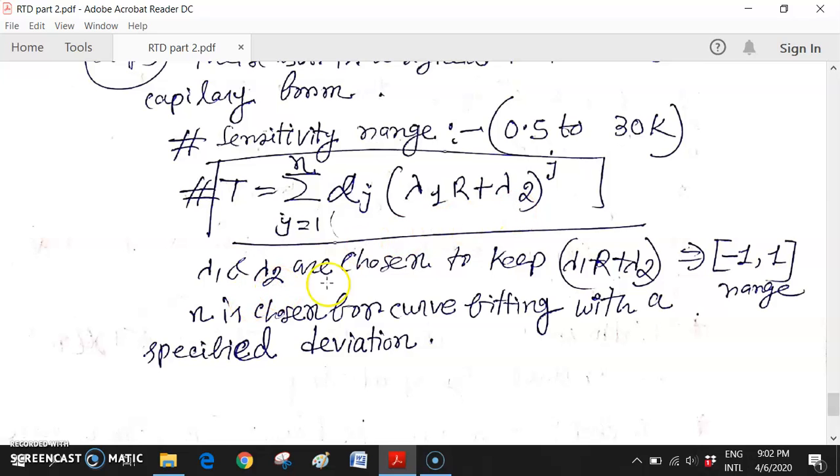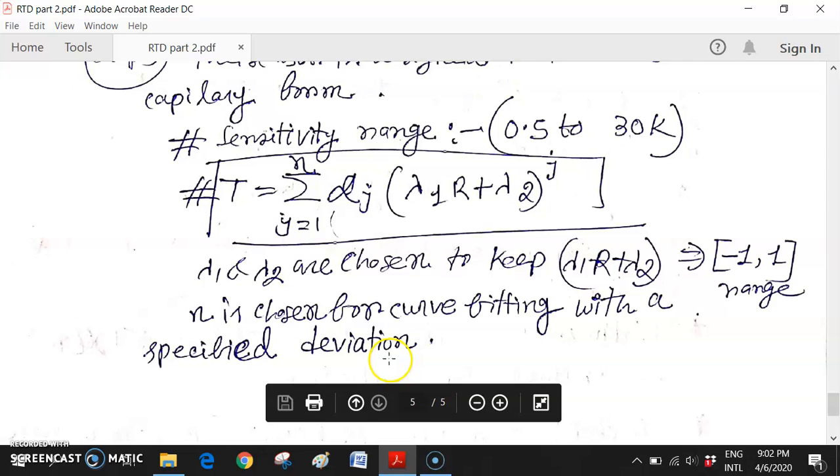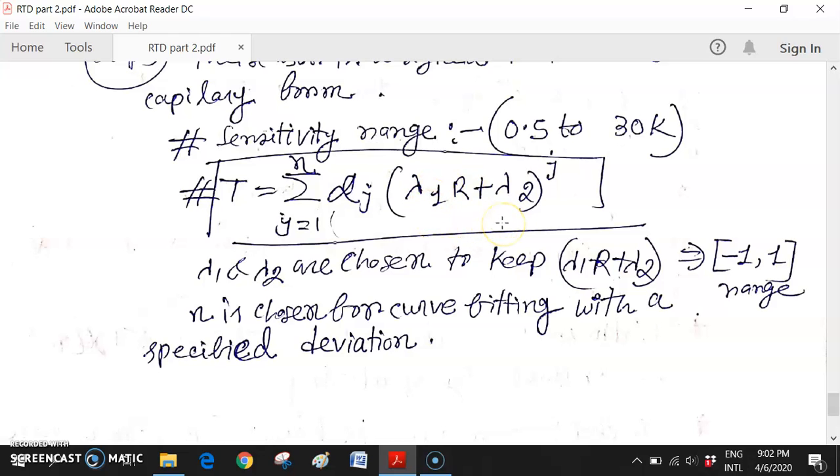Alpha 1 and alpha 2 are chosen to keep this value in the range -1 to +1. N is chosen for curve fitting with a specified deviation, and alpha J is the thermal temperature coefficient.